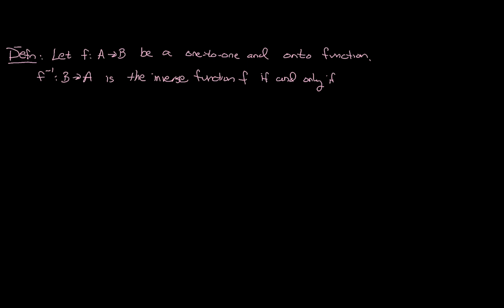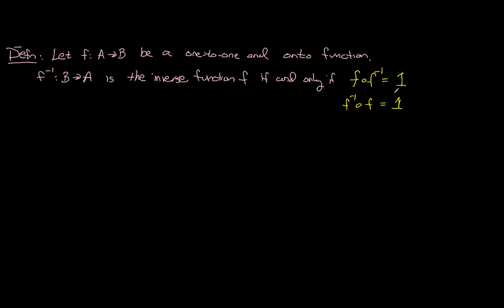Then f inverse is a map from b to a, and this is an inverse function of f if and only if, and here's the real punchline, if and only if f composed with f inverse gives you the identity map. So sometimes you'll see that as a 1, sometimes you'll see that as an I, and f inverse composed with f is the identity map.